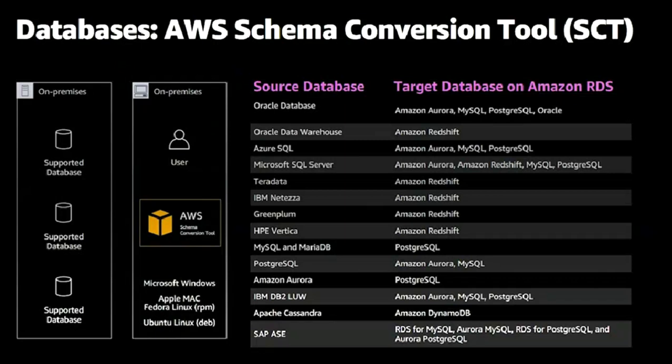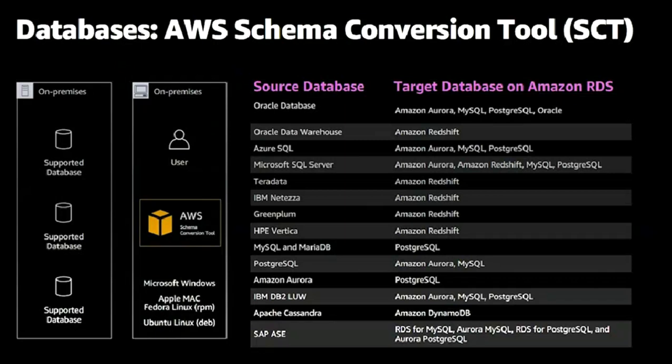Overall, it provides schema conversion to convert between different vendors, and also to convert within the same vendor, even between different versions. For instance, you can convert Oracle to Amazon MySQL, PostgreSQL, or Aurora. You can convert Oracle data warehousing to Amazon Redshift. You can convert Microsoft SQL Server to MySQL, PostgreSQL, or Amazon Aurora.